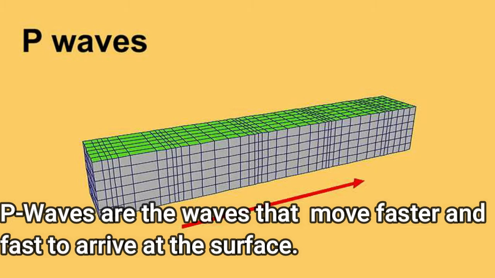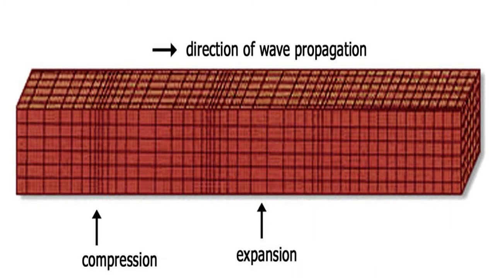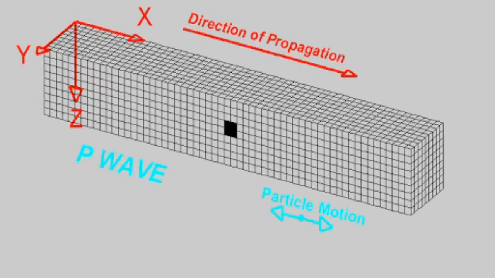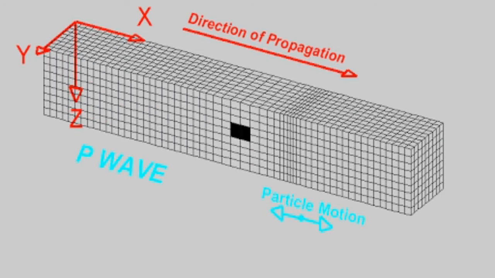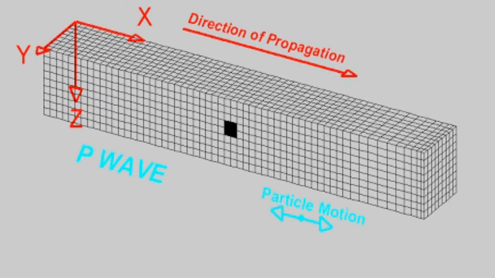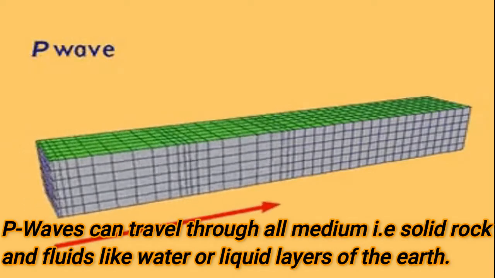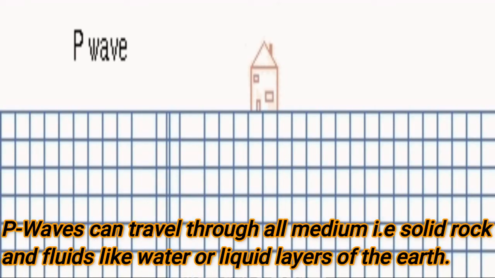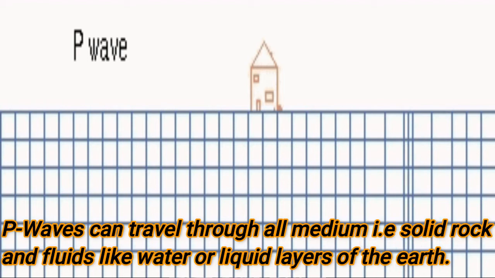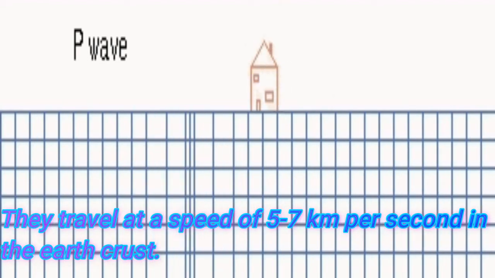The P waves are the waves that move faster and are the first to arrive at the surface. We can say these are the first waves to get recorded on the seismograph. These waves are also called the primary waves or the longitudinal waves. The P waves can travel through all media. That is, they can move through solid rock and fluids like water or the liquid layers of the earth. They travel at a speed of 5 to 7 km per second in the earth's crust.